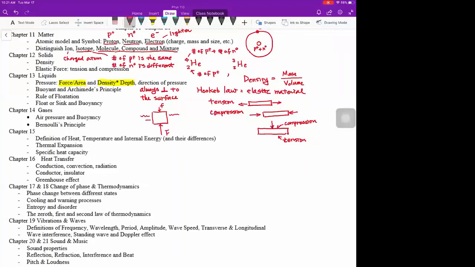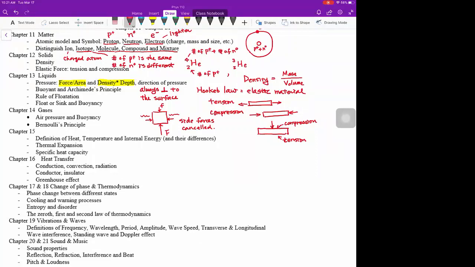The side forces, because they are at the same depths, are going to be the same amount with a different direction, so they will cancel out.